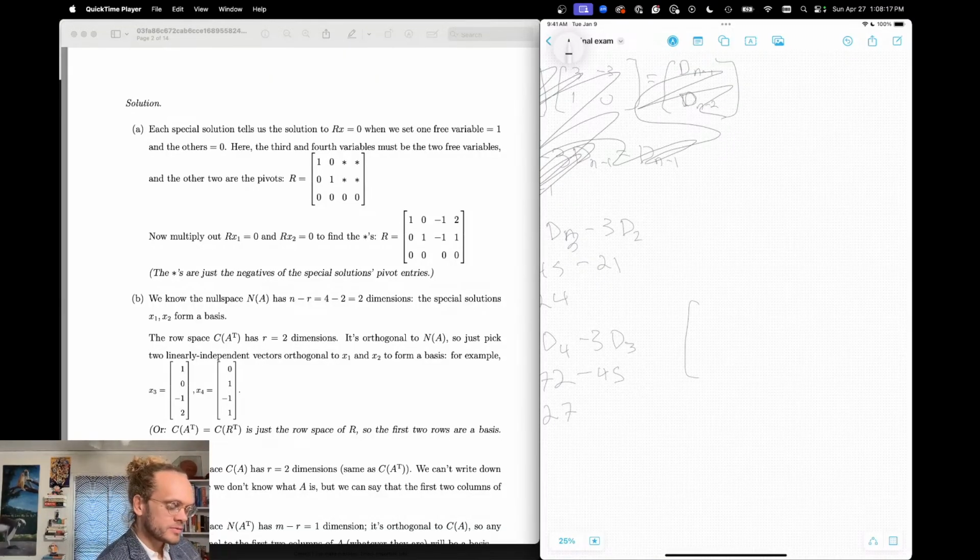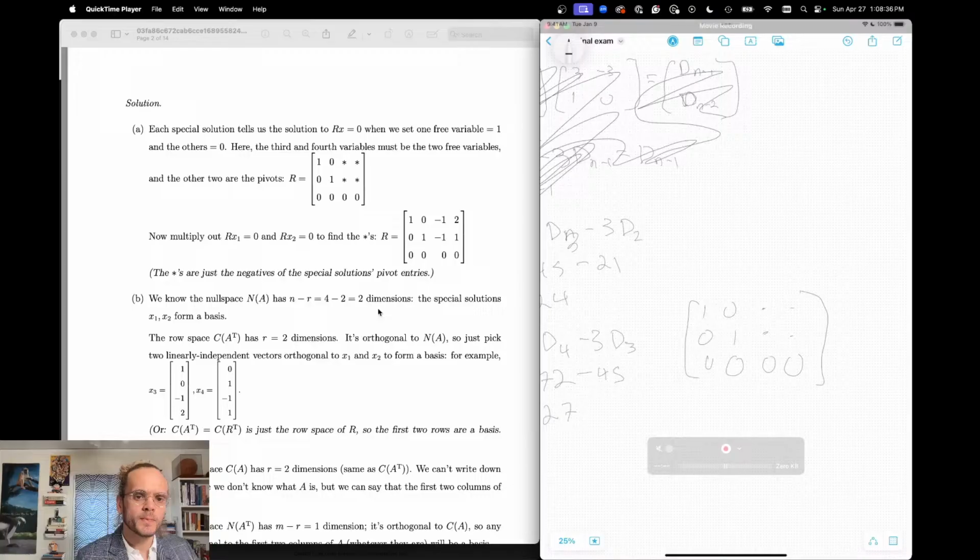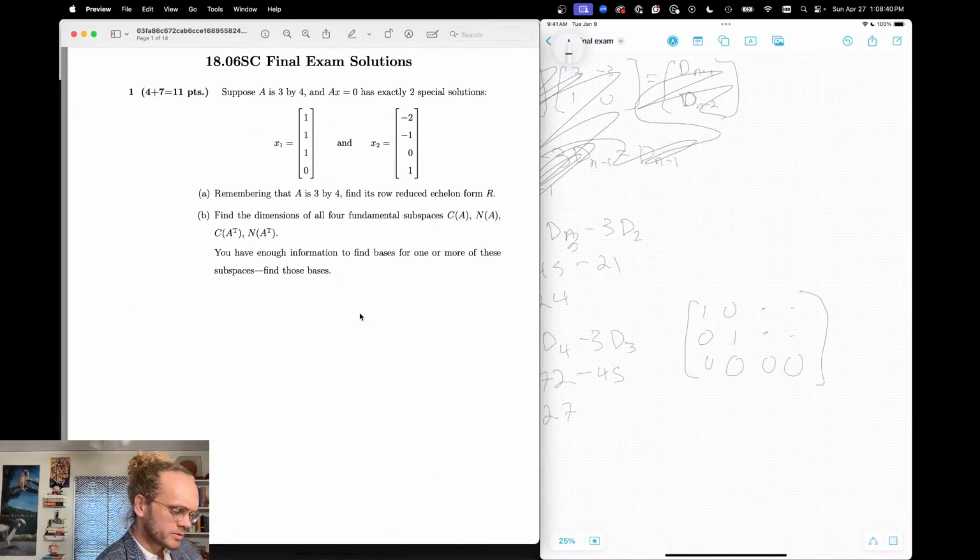So I have 1, 0, 0, 1, 0, 0, and I have these blanks here. I multiply this by x1 and x2, which are 1, 1, 1, 0 and -2, -1, 0, 1.